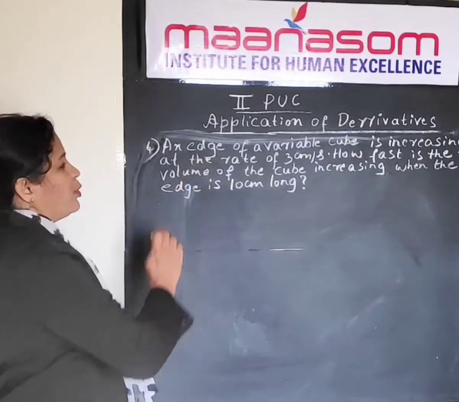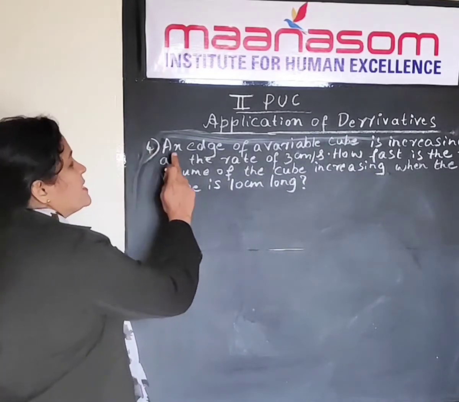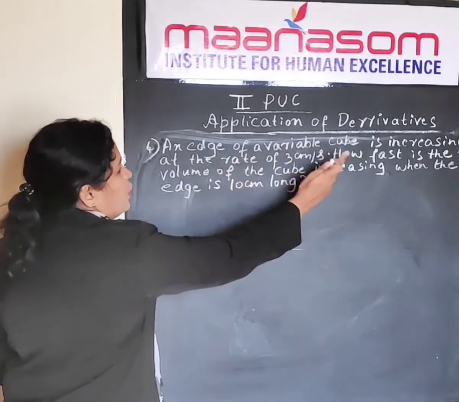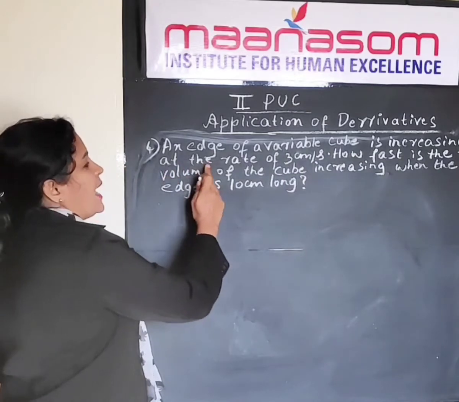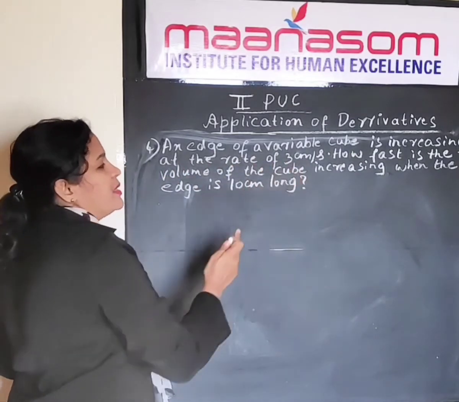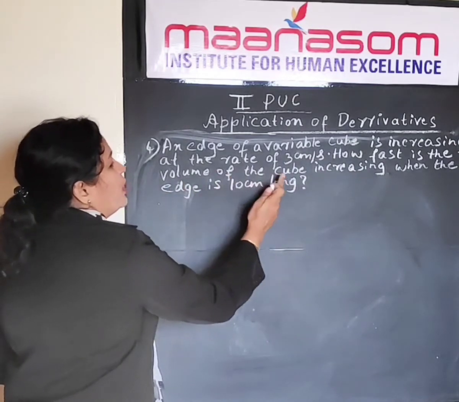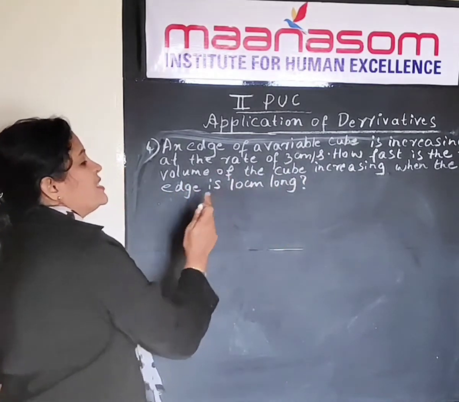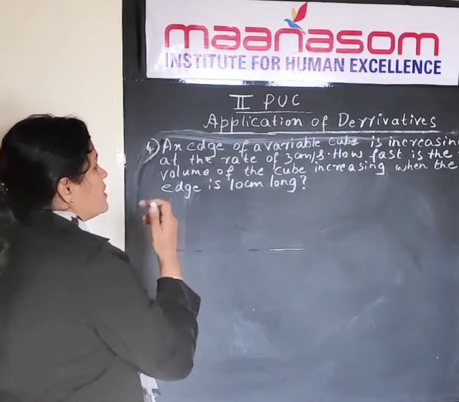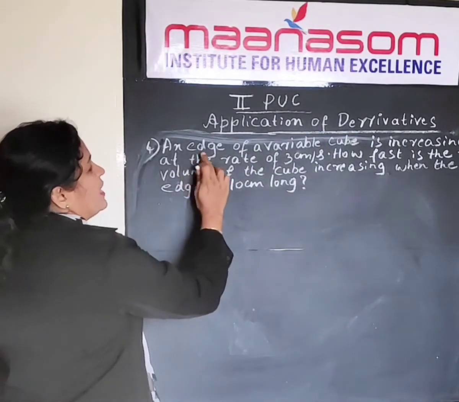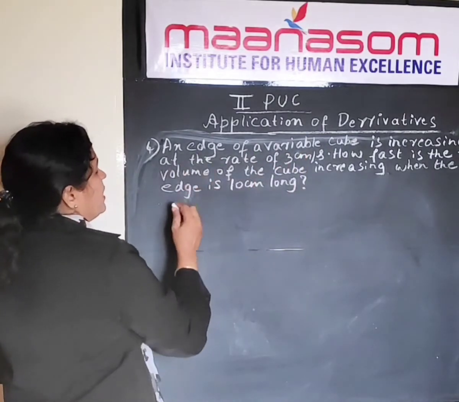Let us solve the fourth problem now. The fourth problem says an edge of a variable cube is increasing at the rate of 3 centimeter per second. How fast is the volume of the cube increasing when the edge is 10 centimeter long? First let us write what is given. An edge of a variable cube is increasing.